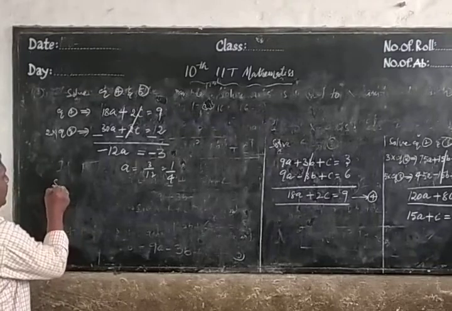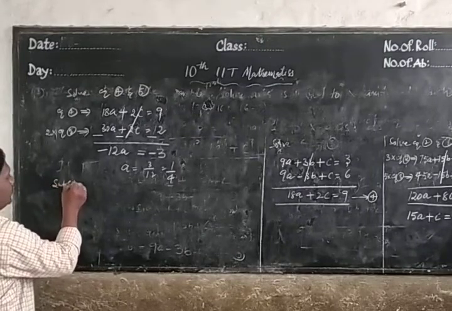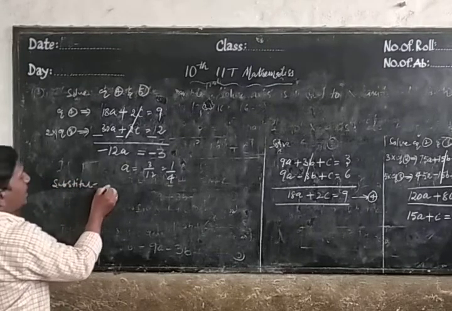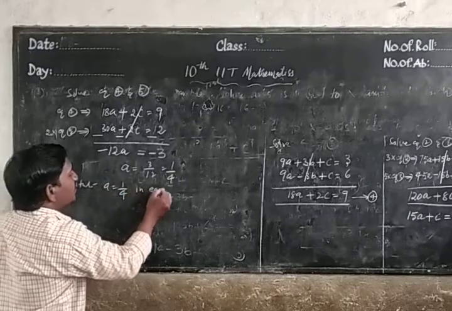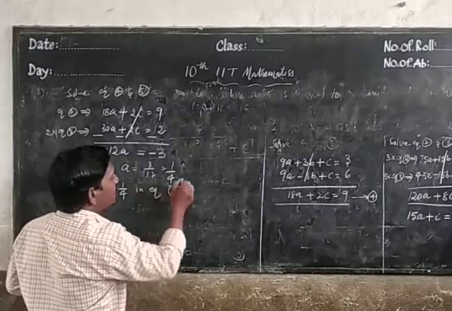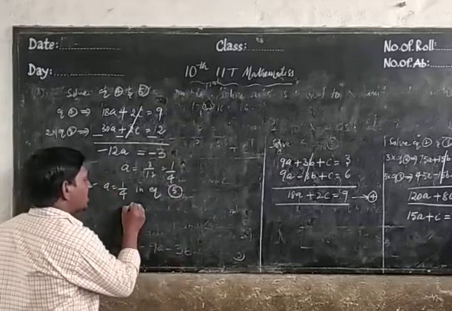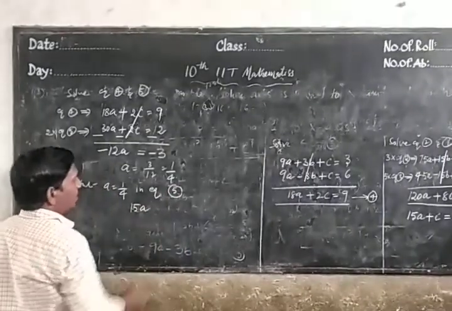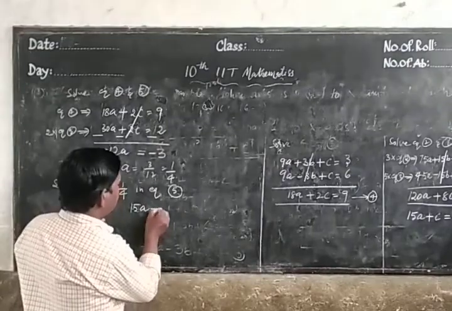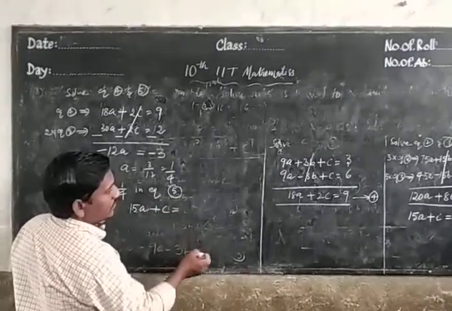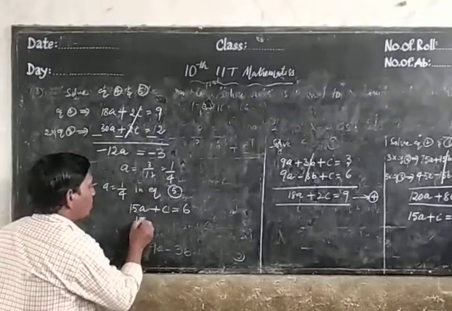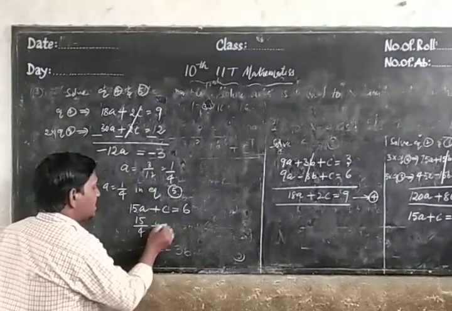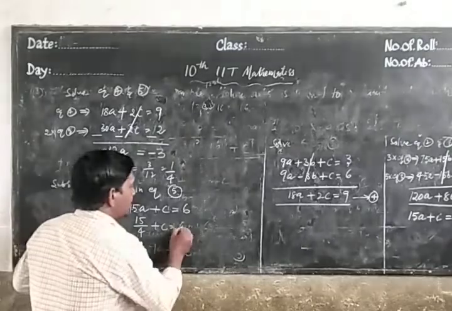Now substitute a equal to 1 by 4 in equation 5. What is the fifth equation? 15a plus c equal to 6. 15a means 15 by 4 plus c equal to 6.